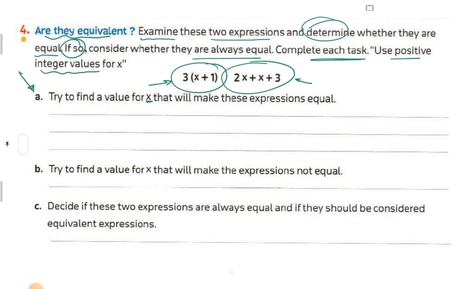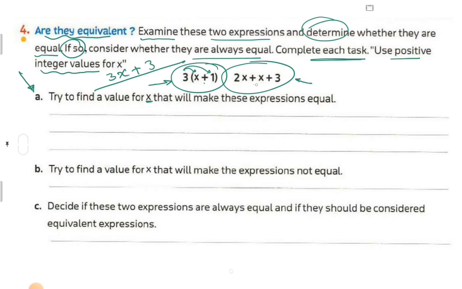I can simplify these two expressions first. What is the meaning of 3 times parentheses x plus 1? That means 3 times x plus 3 times 1. Now I can write this expression as 3 times x, that means 3x, plus 3 times 1, that means 3.